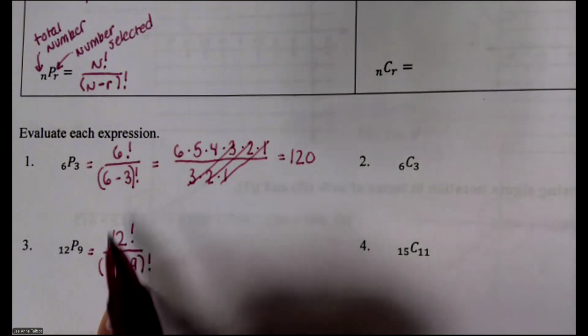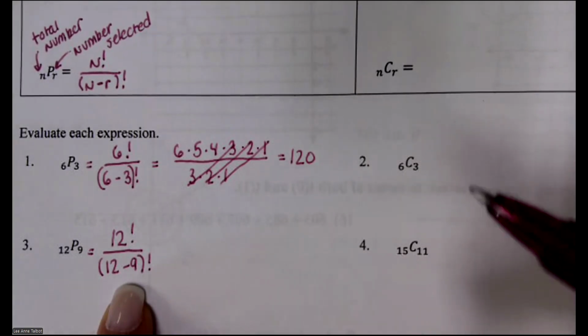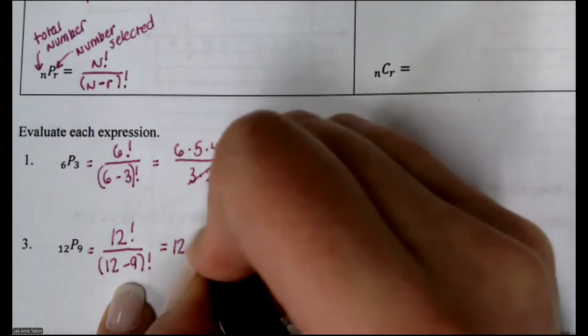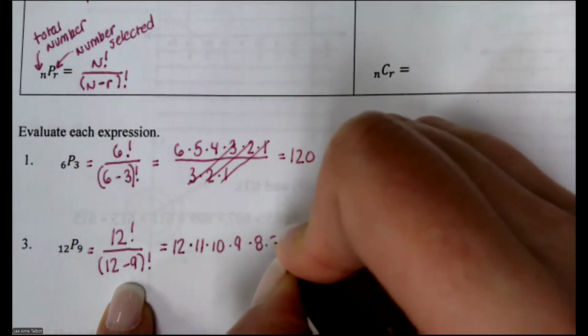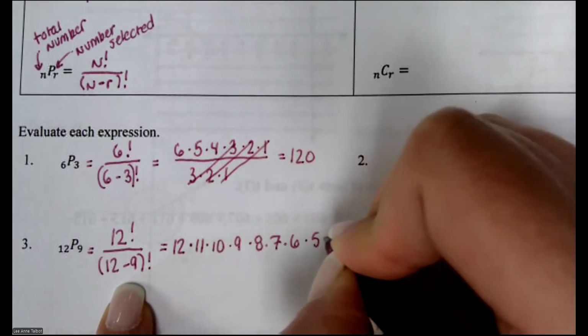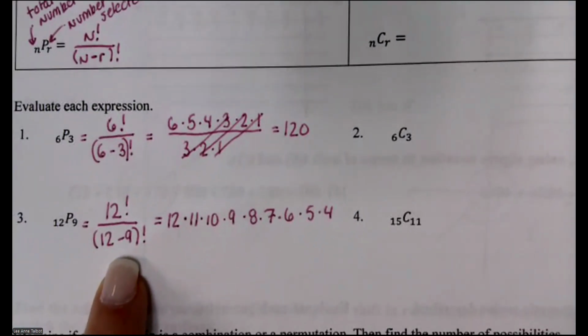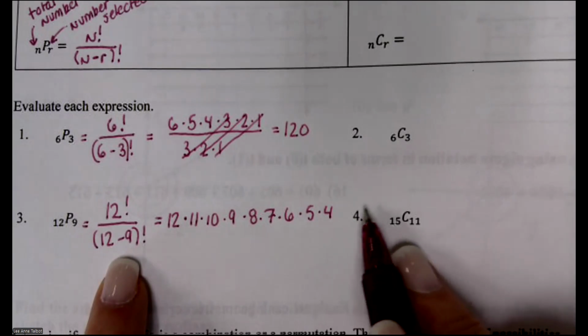Which means that I'm going to cross out the 3 and the 2 and the 1 in the 12, but I don't want to write them because I'm just too lazy. So 12 times 11 times 10 times 9, 8, 7, 6 times 5 times 4. What happened to my 3, 2, 1?